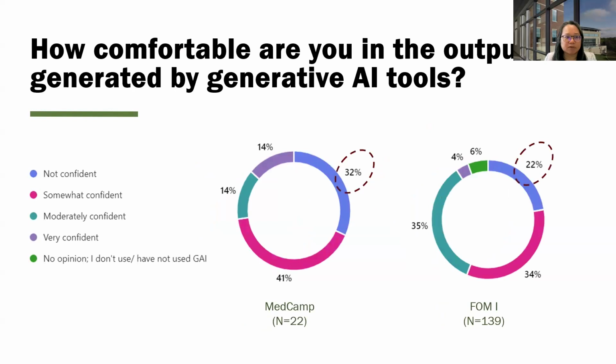And in asking whether or not they were comfortable with the outputs generated by generative AI, there were really the majority, very similar or close to it, who were not confident at all. But there are some who had some confidence, and then there were always a small percentage who were very confident with the use of AI.